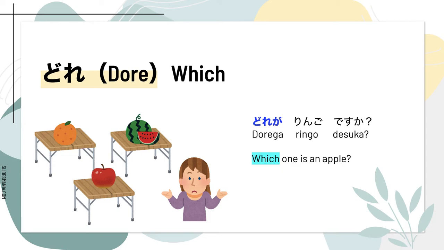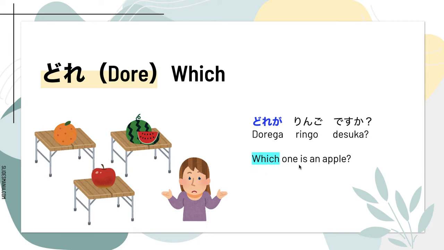Okay, now we talked about これ、それ、あれ. The last one is going to be どれ, which means which. As you can see from the character, this woman is raising her shoulders and doing the "where is it" motion. She is trying to look for an apple.